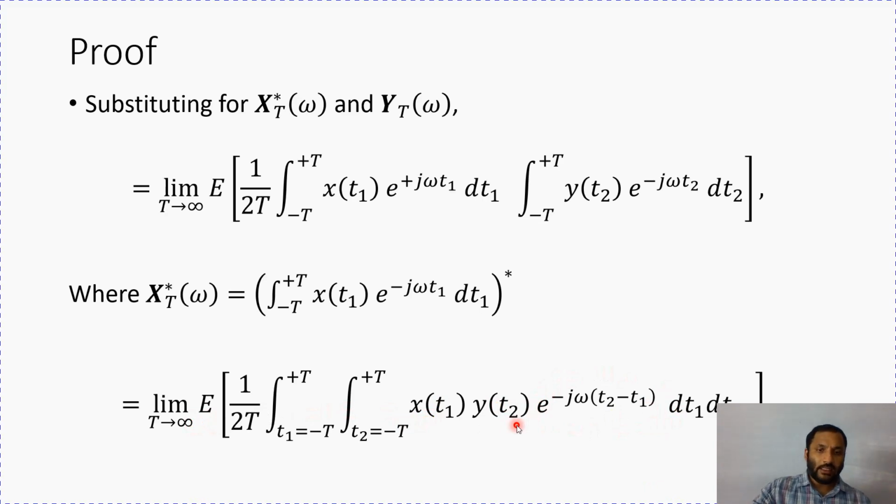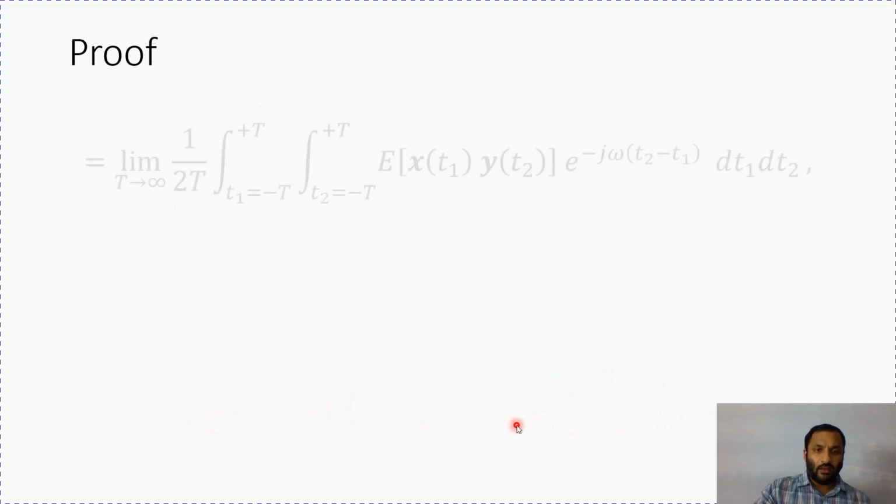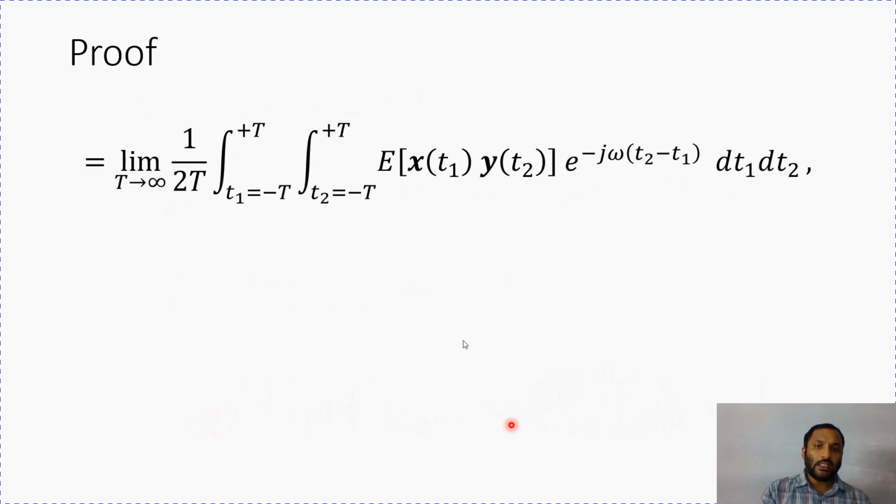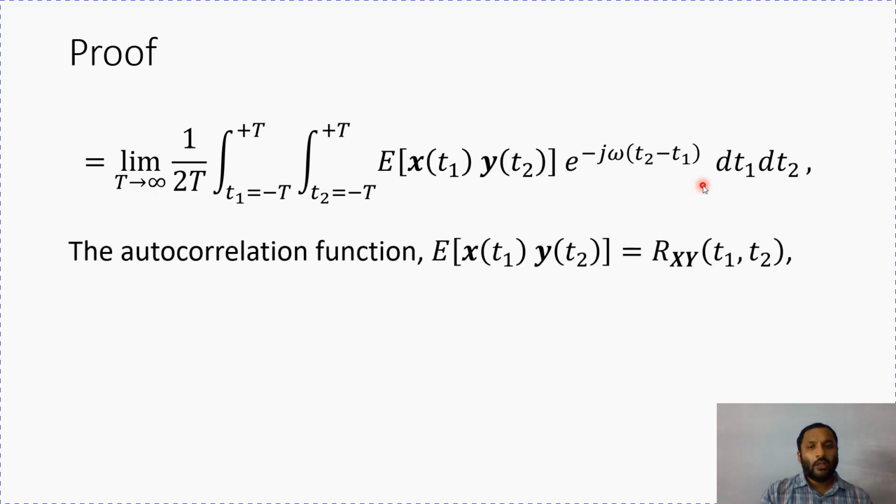Now by taking it inside, we get the expectation of the product of these two random variables, and this is left outside as a constant. Okay, got the point? Now we can write down, we note this one. What is this expression here? That is the expected value of the product of two random variables at different time points.